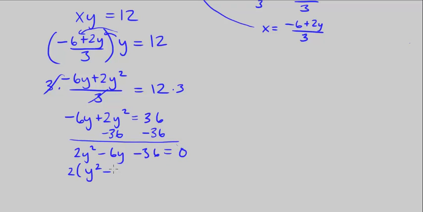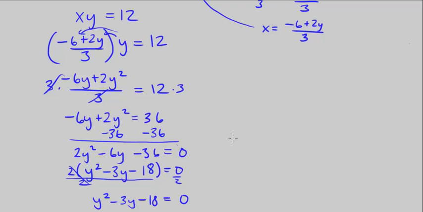Y squared minus 6 divided by 2 is 3, 36 divided by 2 is 18, equals 0. Divide both sides by 2, and I'm left with y squared minus 3y minus 18 is equal to 0.